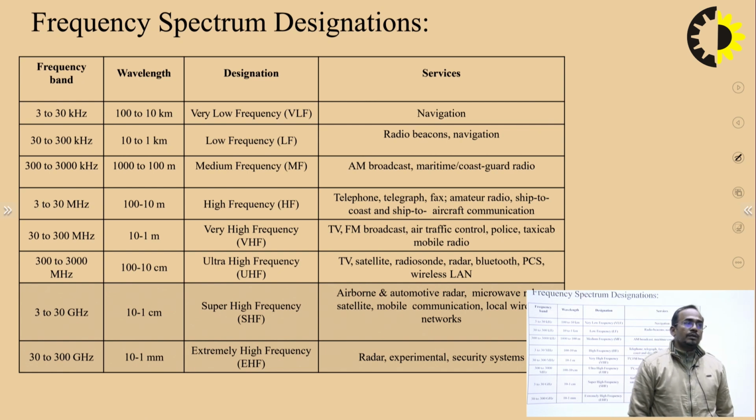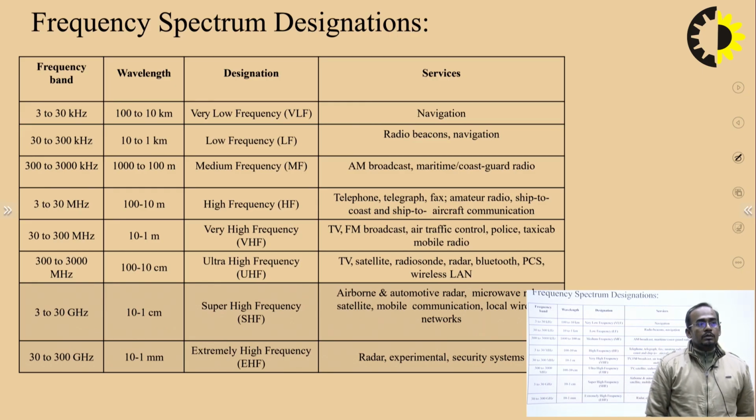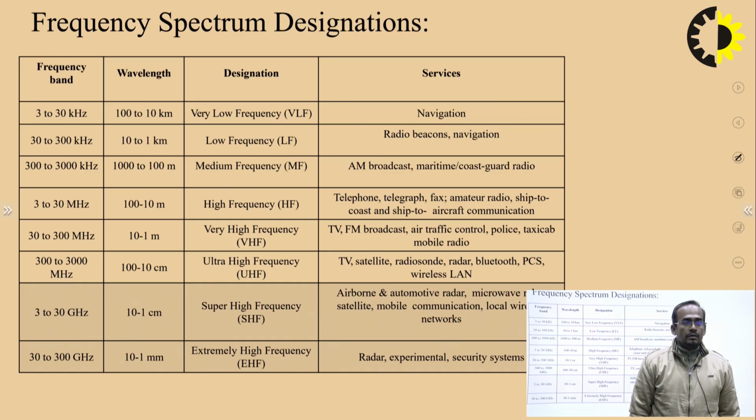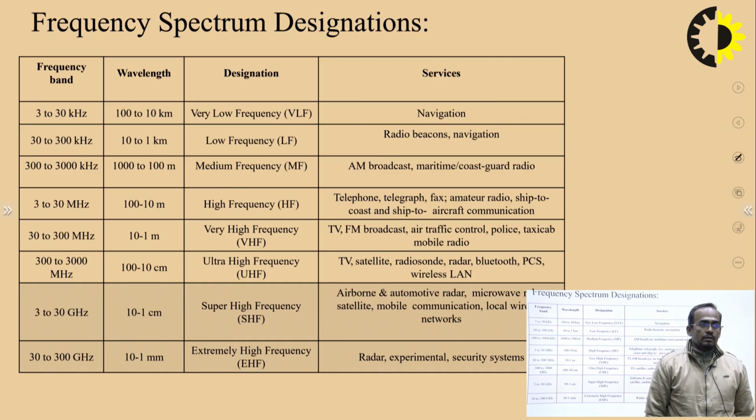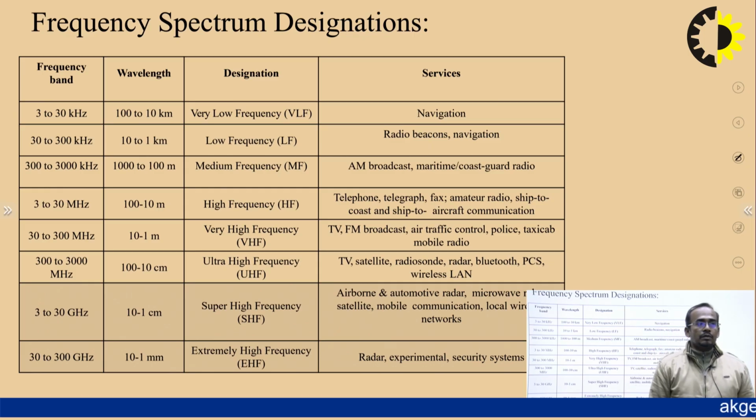You can see here 3 to 30 kilohertz is known as very low frequency and is used for navigation purposes, and 30 to 300 kilohertz is known as low frequency and is used for radio beacons and also in navigation. 300 to 3000 kilohertz is used for AM broadcast and maritime coast guard radios, and this is medium frequency. 3 to 30 megahertz is high frequency, which is used in telephone, ship to ship broadcast and ship to aircraft communication.